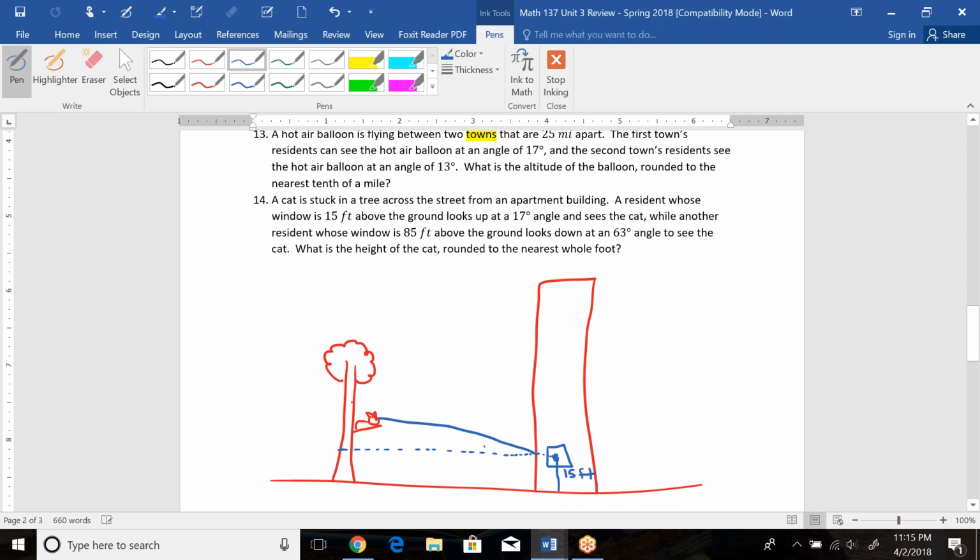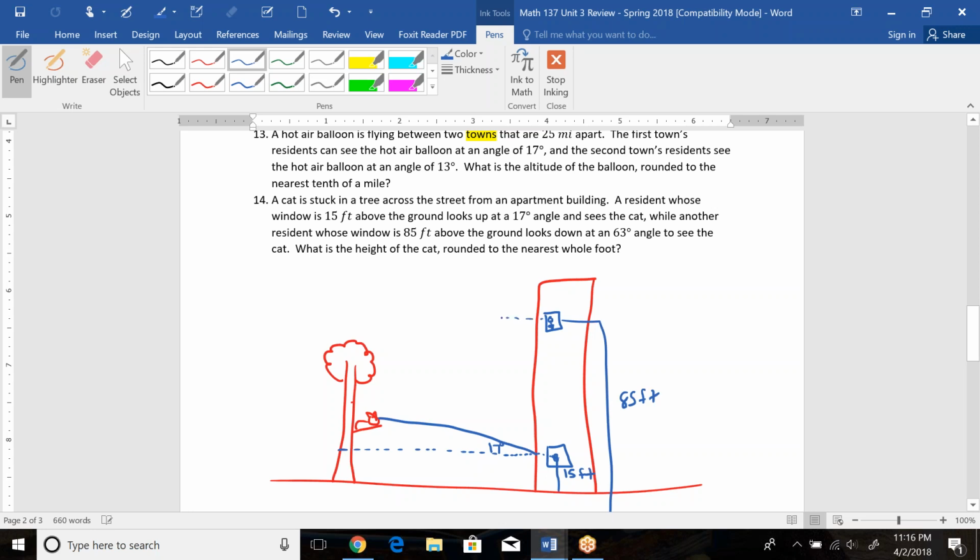And that is a measurement of, it looks like, 17 degrees. Okay, and then we have a second person who is higher up than the cat at 85 feet from the ground. So this is now 85 feet.